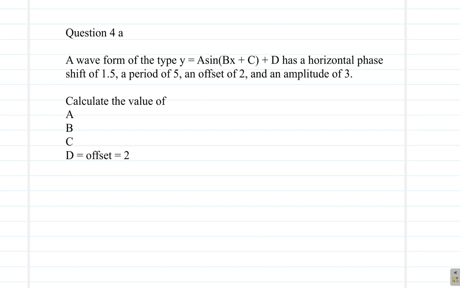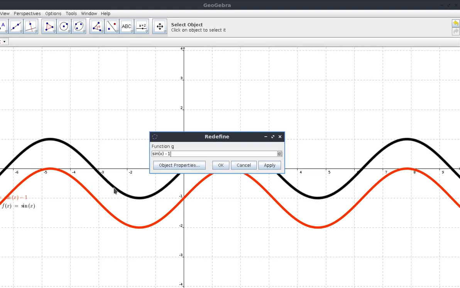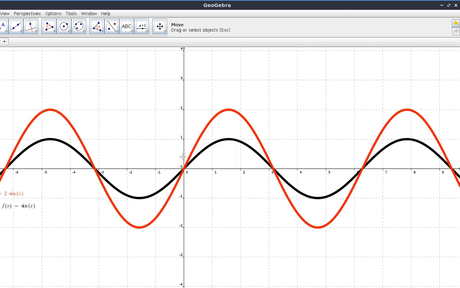Now, let's go back to it. Let me make some changes to the modified sine wave, the red one. I'm going to put 2 sine x. So here, the amplitude changes. Originally it was 1, now I put 2 sine x, so the modified sine wave is too high. So the amplitude is whatever multiplies sine x.